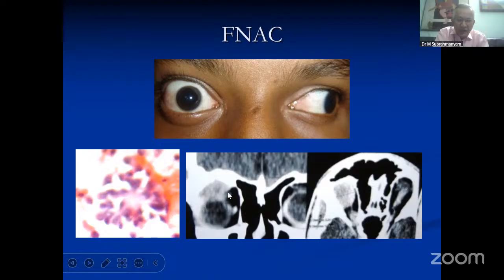So we did a FNAC instead of a big surgery and a biopsy. And FNAC was positive. You can see a rosette, tumor cells arranged like a rosette. So this is from neuroblastoma, medulla.